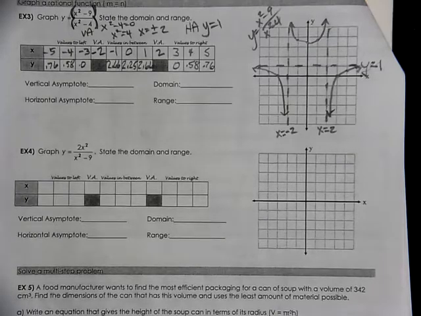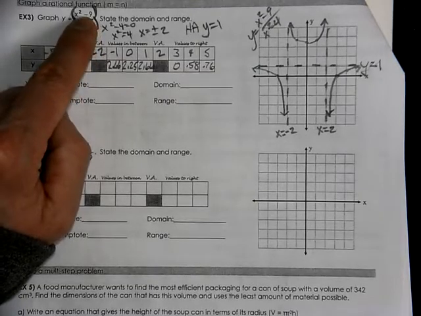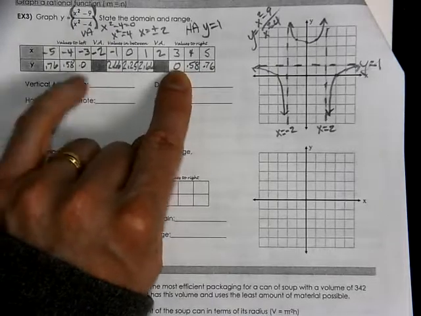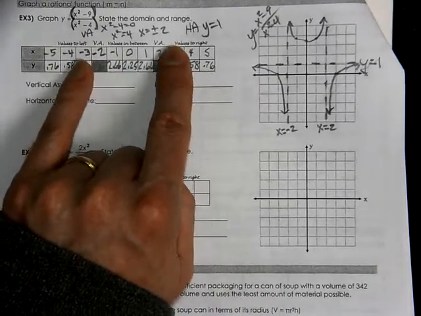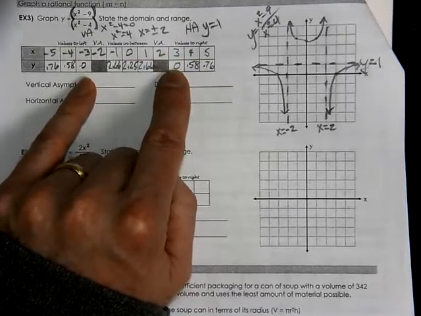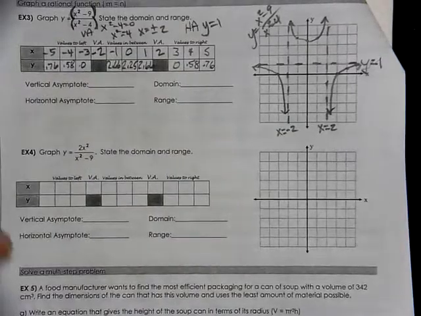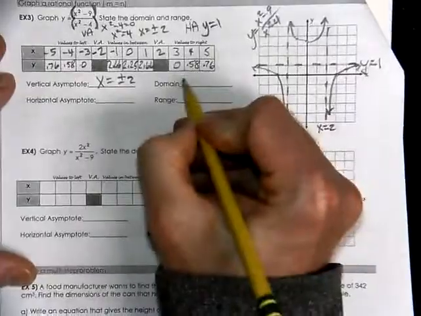What are the x-intercepts? The zeros of the numerator. So if you added 9 and took the square root, you'd get plus or minus 3 when y is 0. Those would have been your x-intercepts, where y is 0. So we have vertical asymptotes at x equals plus or minus 2.